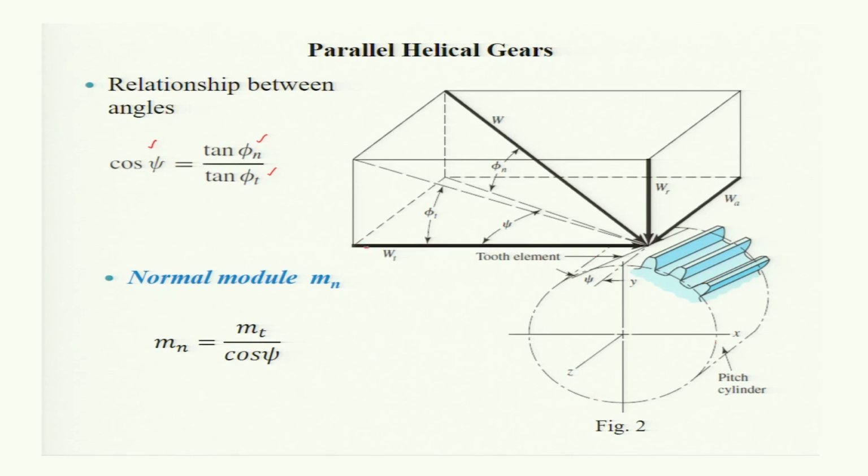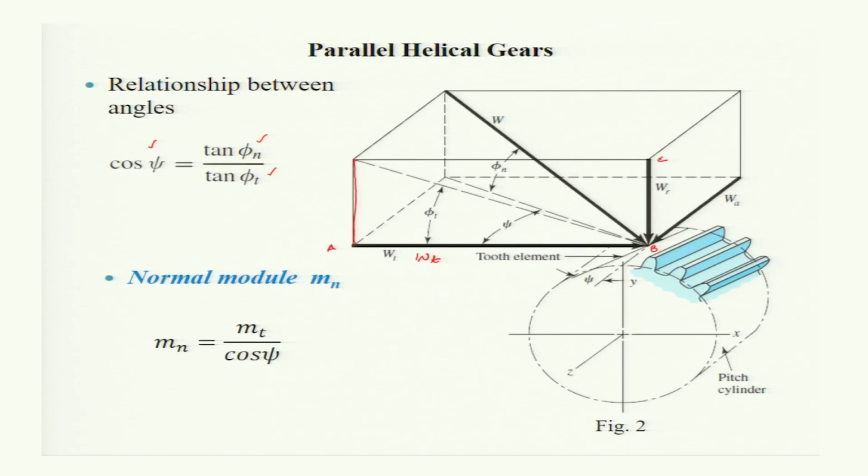Tangent to the pitch cylinder, whatever load will act will be the tangential load Wt. Now, to determine the forces, we have drawn an infinitesimally small element, and that is represented by this one. Let me call it A, B. B is the point where the load is acting on a gear tooth.